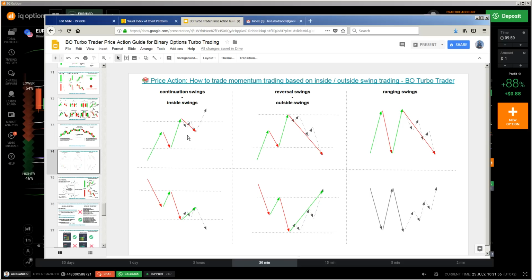If you apply the Fibonacci tool in between of these inside swings, or at these outside swings, you get the wrong results. You have to apply the Fibonacci tool either on the impulse wave or on this corrective wave here, but not in between, as long as you don't know where it will finish.